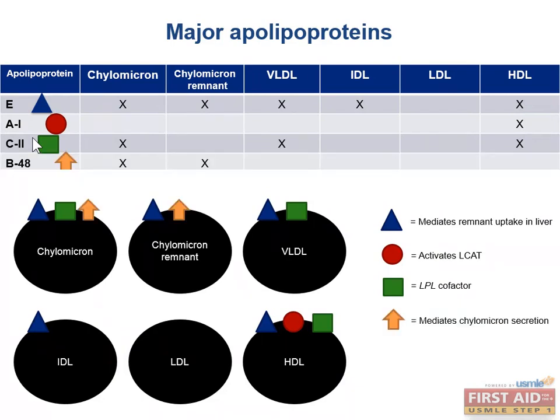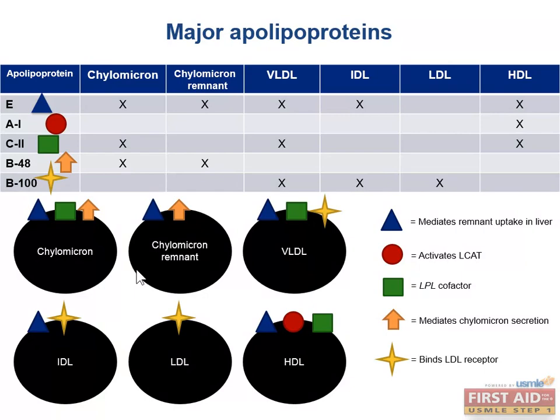Apolipoprotein B48 mediates chylomicron secretion, so this is found only in chylomicrons. And then lastly, our major lipoprotein, ApoB100, is mostly present in VLDL, LDL, and IDL molecules. It's going to function to bind LDL receptors and allow these lipoproteins to unload their products to cells within the body.